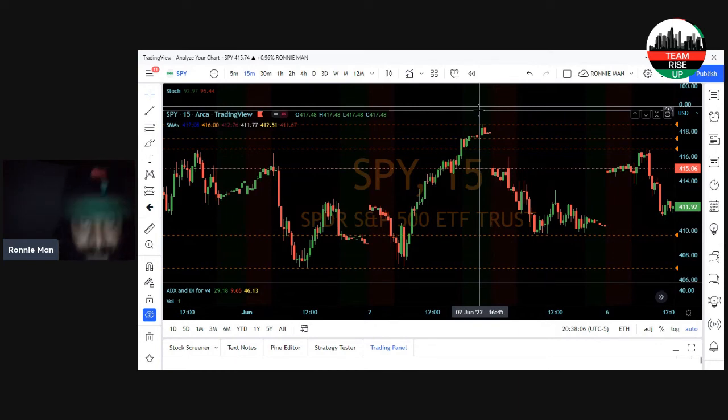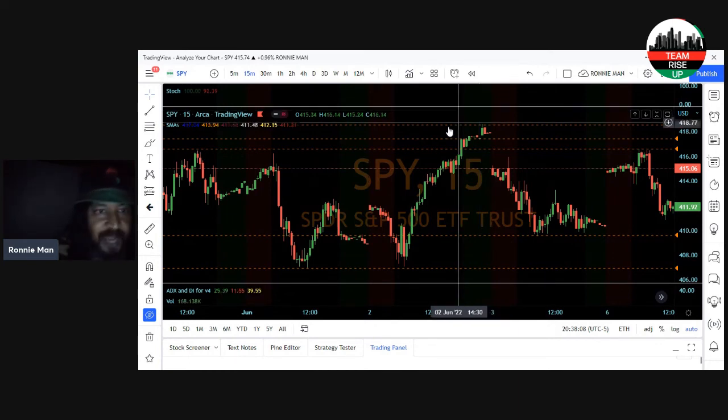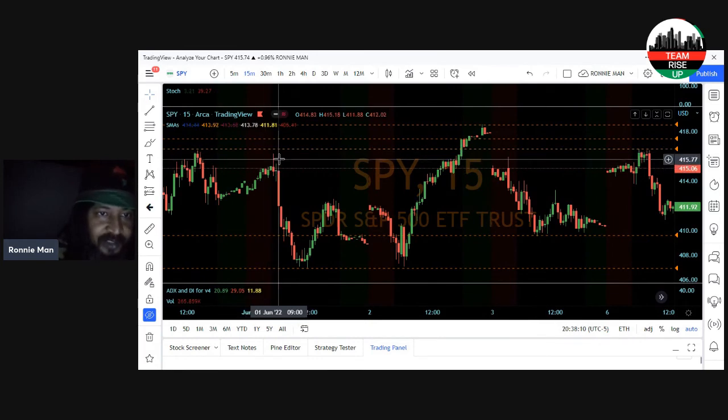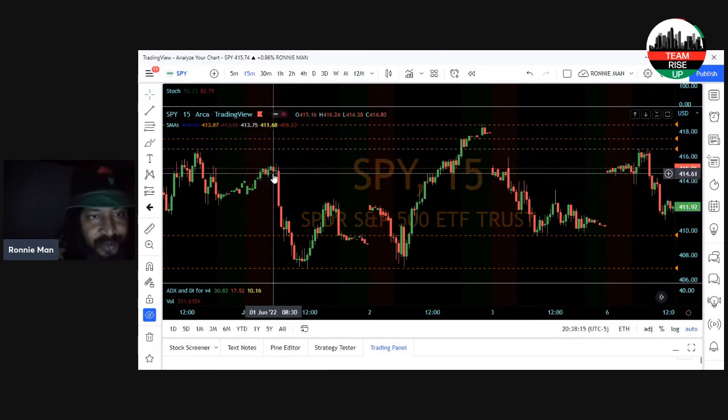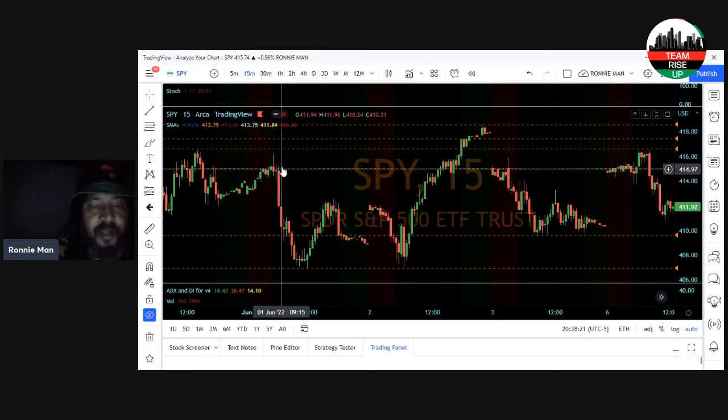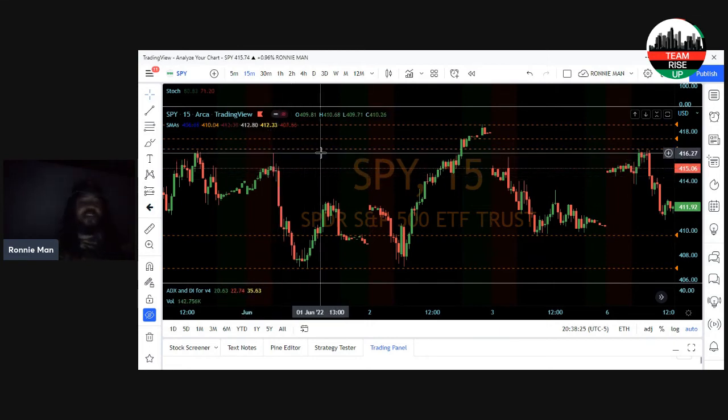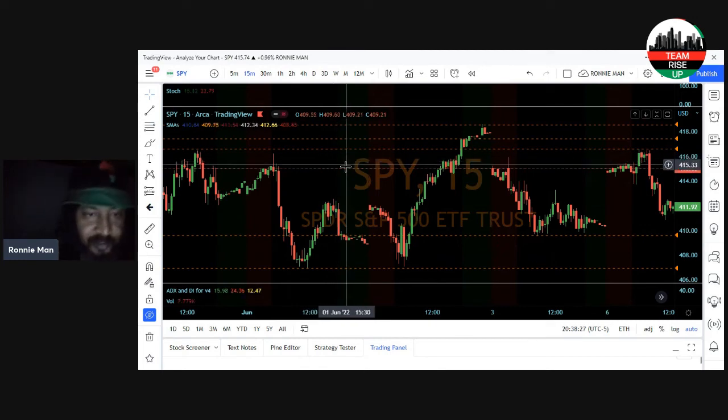That's good money. Just by paying attention to what's going on the very first candle, paying attention to the very first candle on the 15-minute chart.